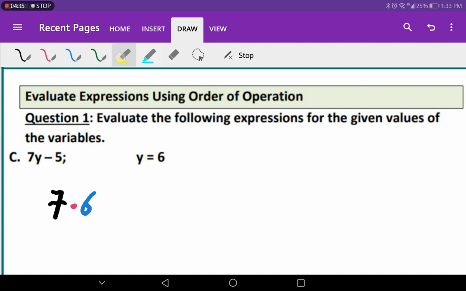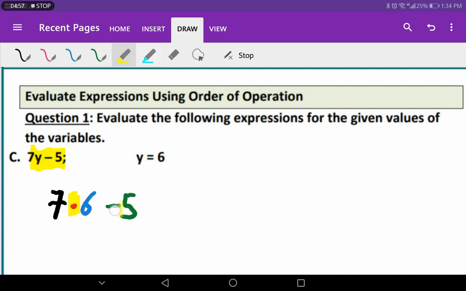I'm finished from here. Now I continue negative. Then negative 5. Okay, here, how many operations do I have?